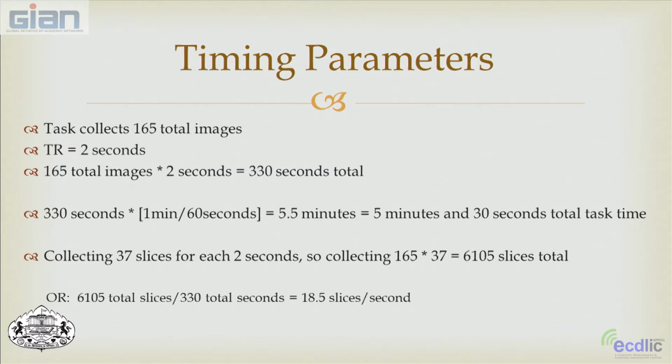Our time of repetition is 2 seconds. So again, this is the time from which the protons are flipped to when they come back into alignment again. They don't necessarily come all the way back, but we're flipping these every 2 seconds. And in that 2 seconds, we're collecting all the images in our brain and getting back to starting point.